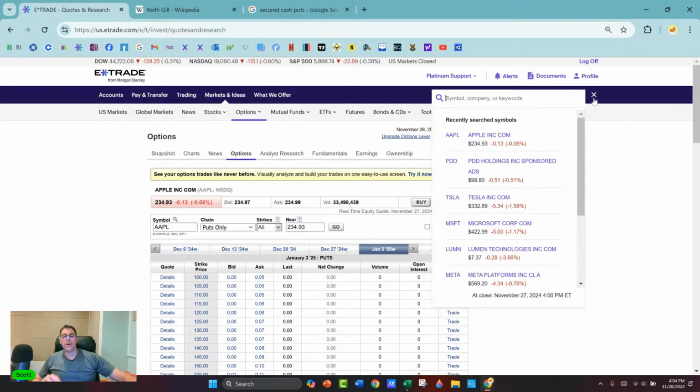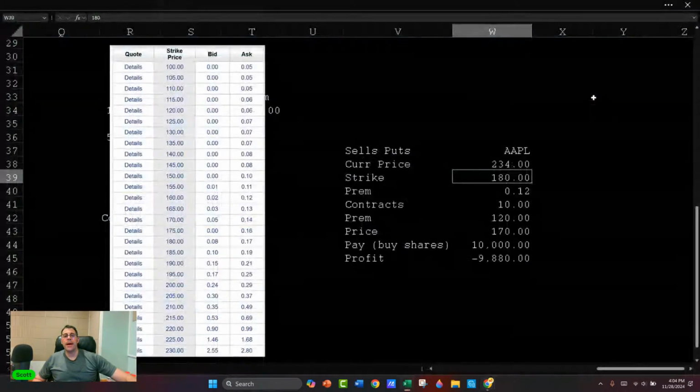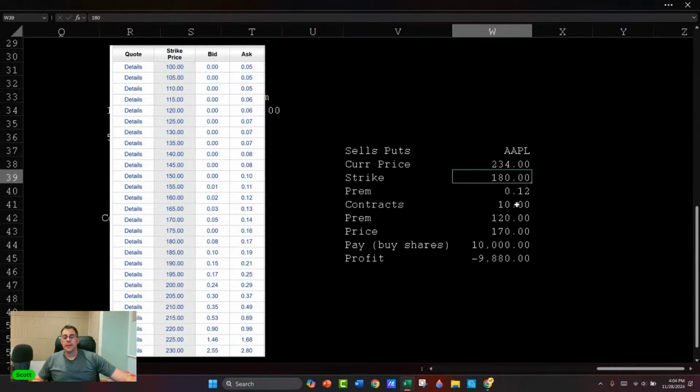No, you could buy back your options, but you still have to pay a hefty price. Like if you did the 180 strike price with Apple, you don't have to pay anything till it hits 180, and that's a far way because it's 234. So Apple would have to go down 50 points.